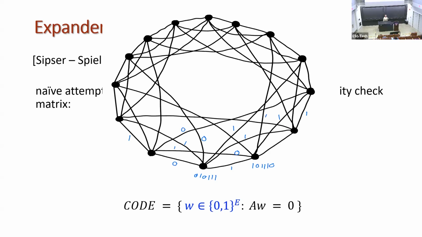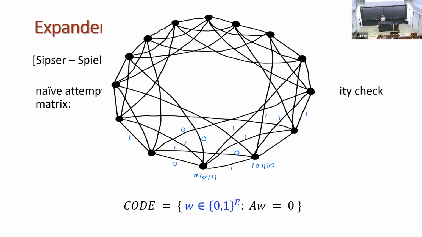So think of any cycle in this graph, put ones just on those edges and zeros everywhere else. Then every vertex that doesn't touch the cycle, of course, it will see all zeros and it will be happy. And every vertex that's in the cycle will see just two edges, right? So the number of ones it sees is even, so it will also be happy.